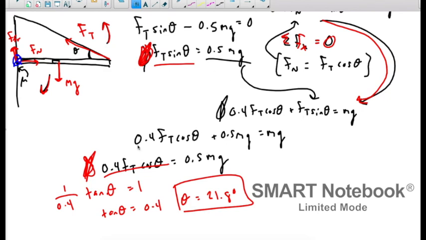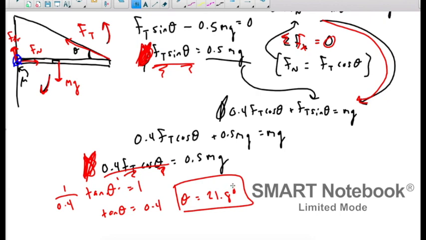And ultimately that allowed me to get two expressions that have two unknowns, my two unknowns being F_T and the angle theta. And the quickest way for me to combine these two equations to solve for the angle theta was to cancel out the force of tension by dividing. And of course sine over cosine is tangent, and that allowed me to solve pretty nicely for that angle.